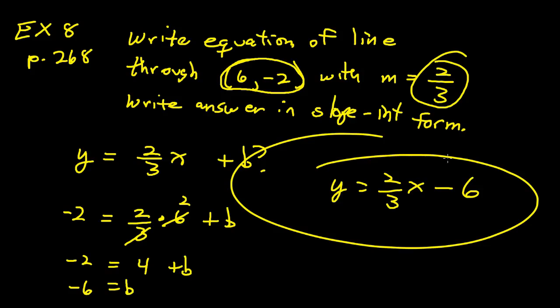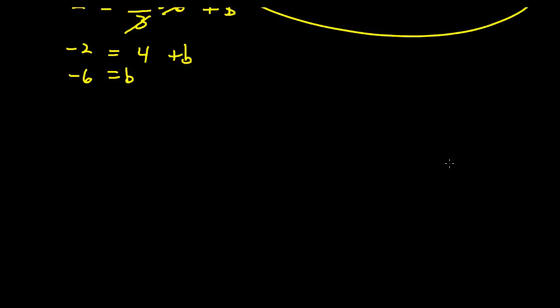All right, let's look at example 9. I think I got enough room. Example 9 on page 269, another write the equation of a line question. Let me write it down.